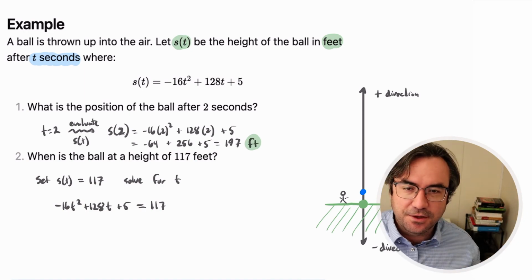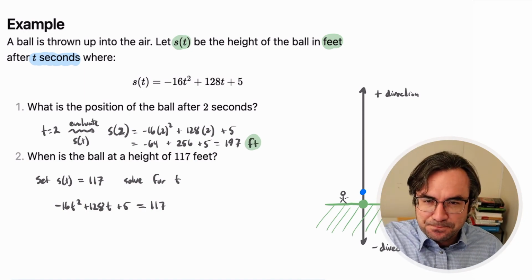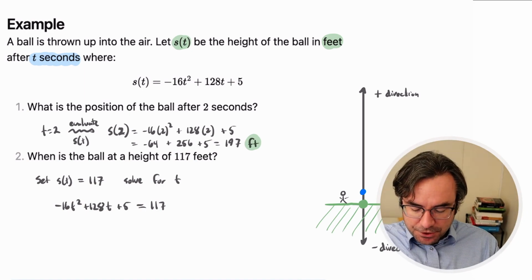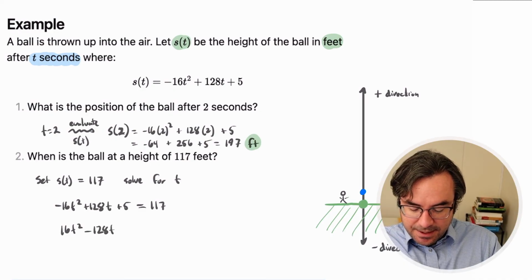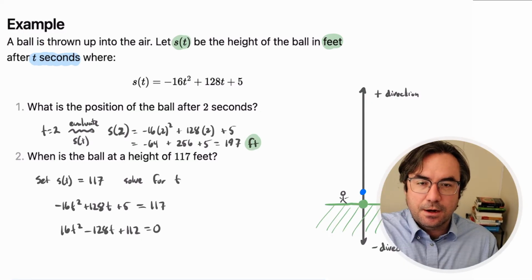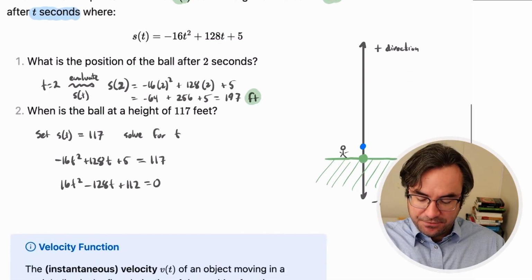It just makes the solving a little bit easier sometimes. If we move the terms around, this is going to give us the equation 16t squared minus 128t plus 112. All right, so we have this equation to solve.